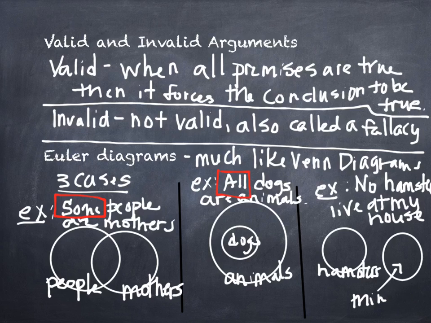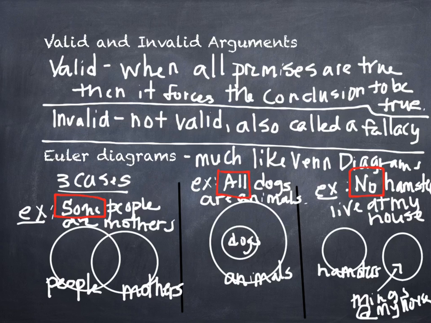Okay, that didn't look good. Let's try again. Things at my house. So exercise on how small can I write. And the key word is no. No, the key word is not hamster. The key word is no.